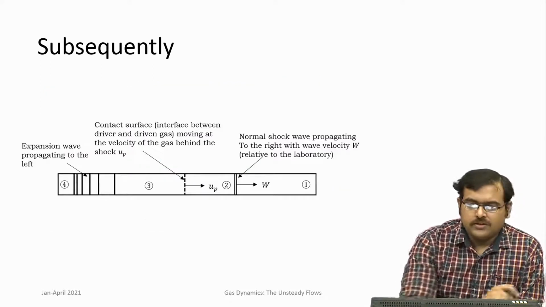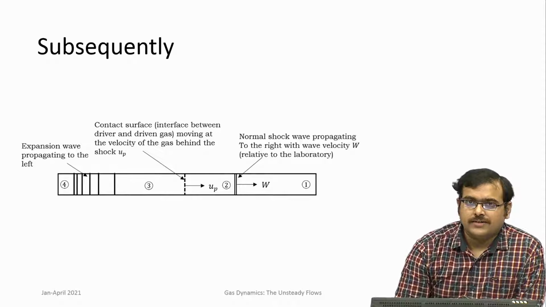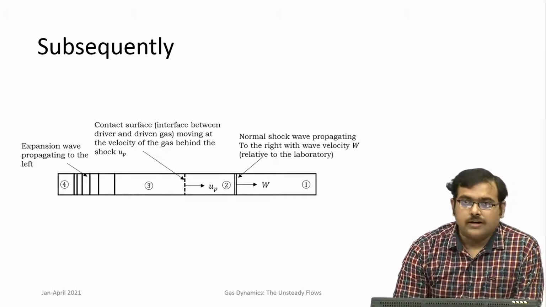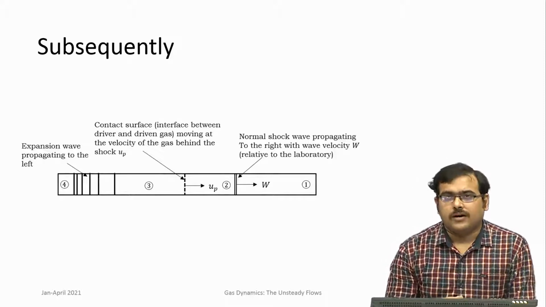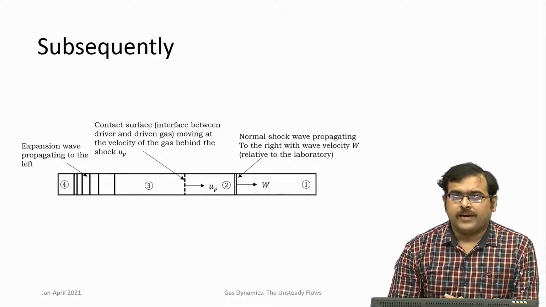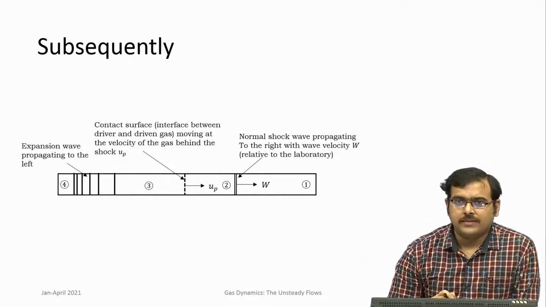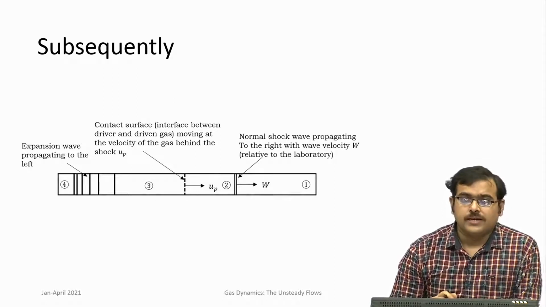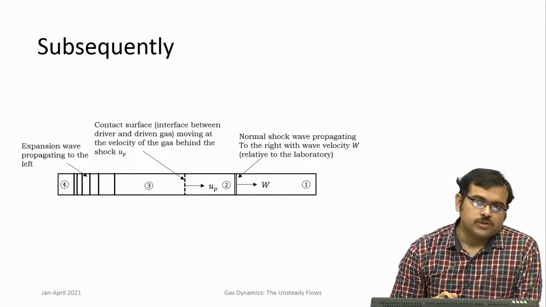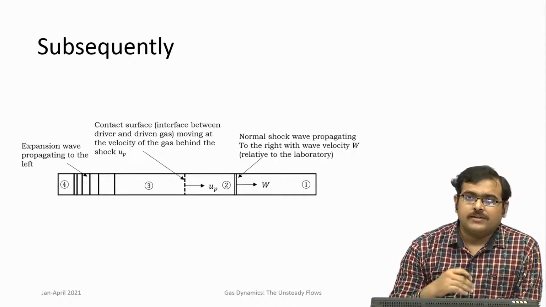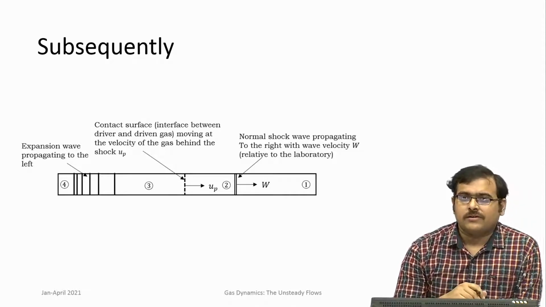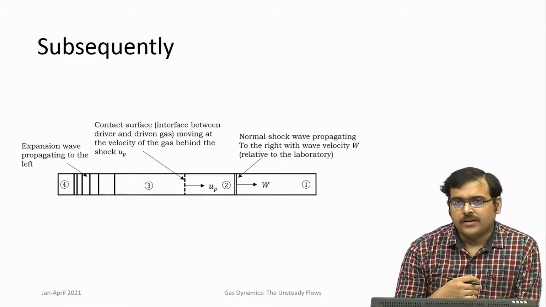As soon as the diaphragm ruptures, there is a large pressure difference between the two sections, and it is a compressible gas inside the tubes, so you have compressible flow phenomena, and ultimately they lead to the formation of shocks.